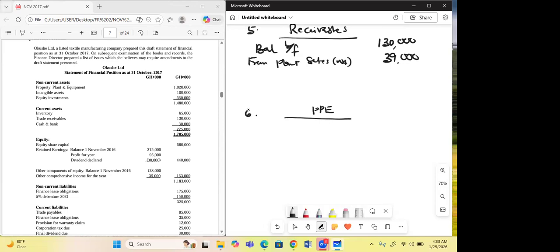Give me the initial PPE value. It's 1,020,000 Ghana cedi, the balance brought forward. So what happened? There has been a revaluation, which was an impairment. Yes, sir, 20,000.